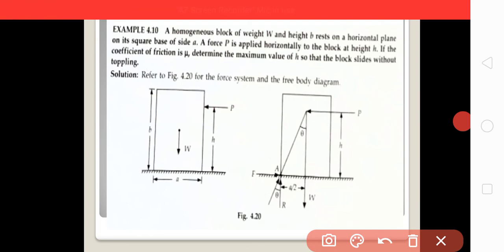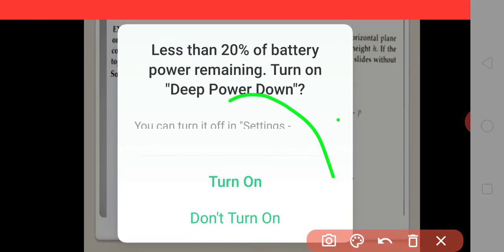Again, a homogeneous block of weight W and height B rests on a horizontal plane on its square base of side A. A force P is applied horizontally to the block at a height h. If the coefficient of friction is mu, determine the maximum value of h so that the block slides without toppling. It should not topple like this.